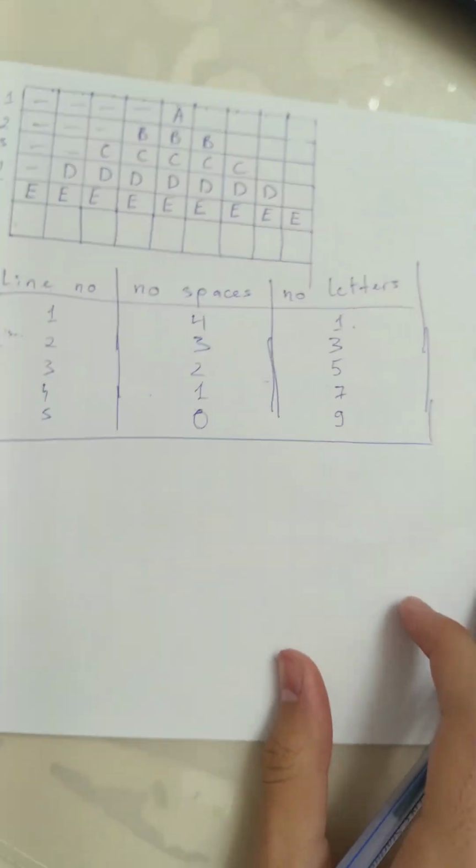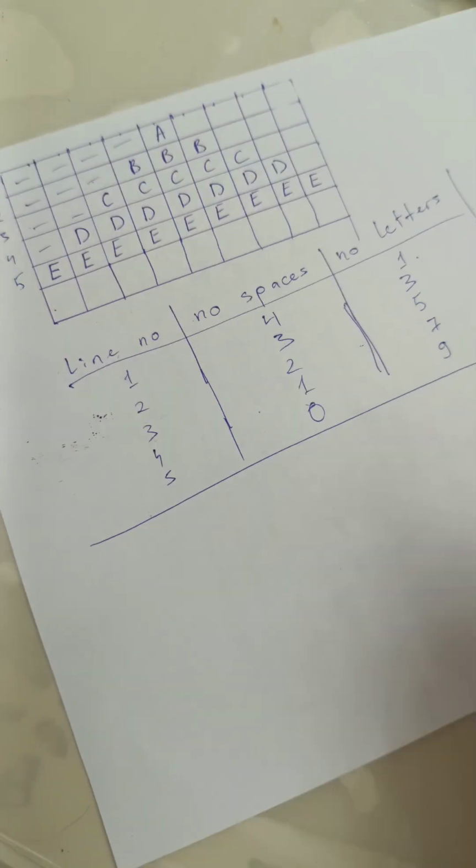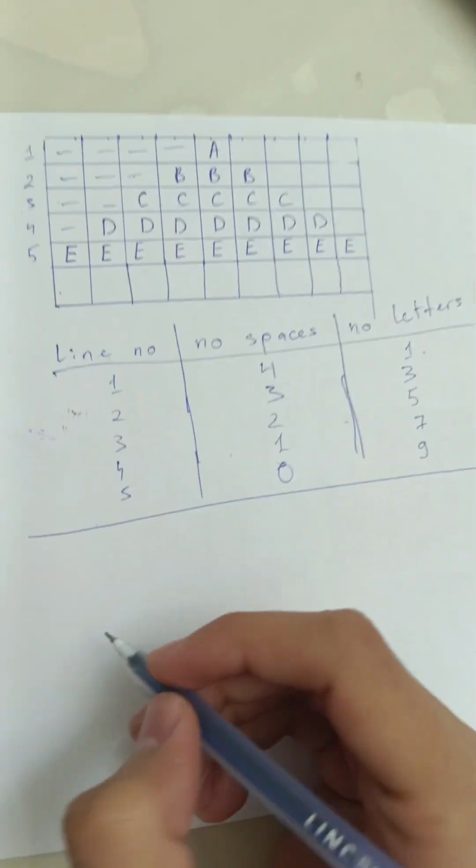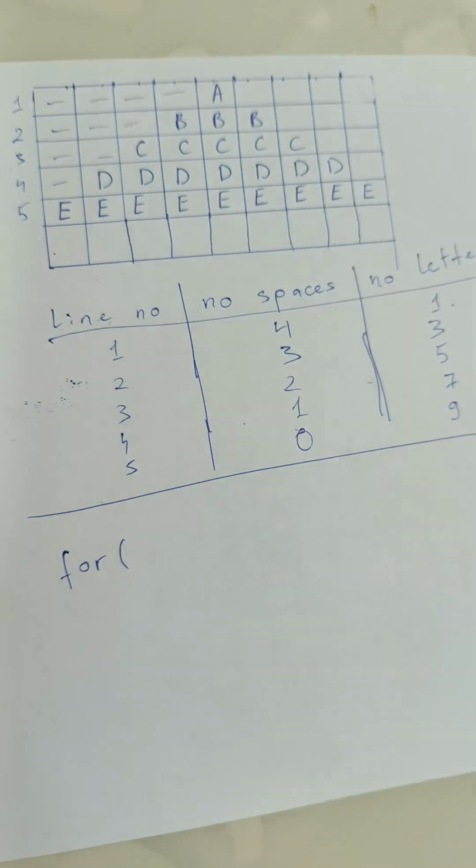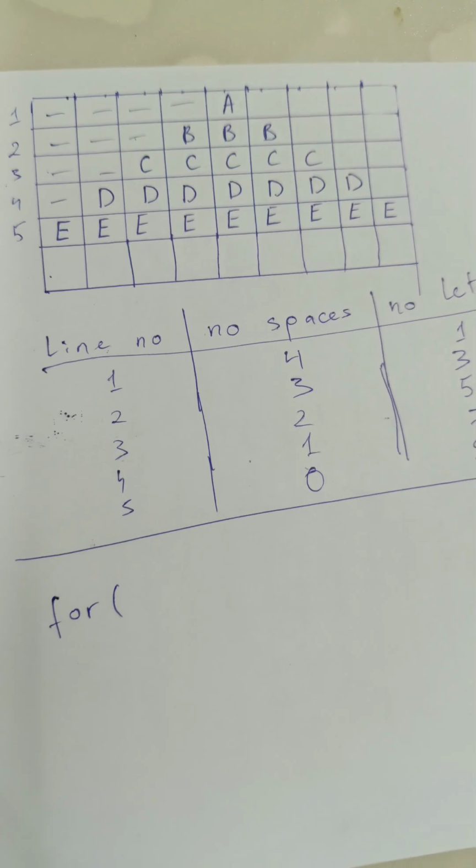So let's start to write our program. I'm going to use a for loop. So this is the outer loop.